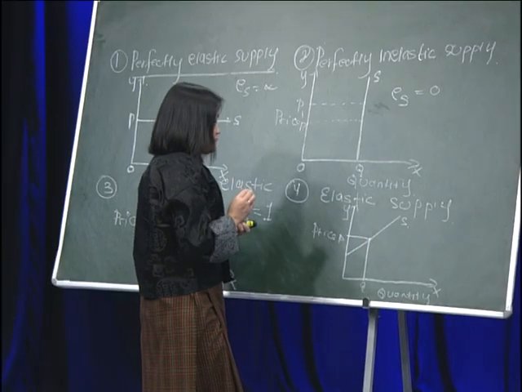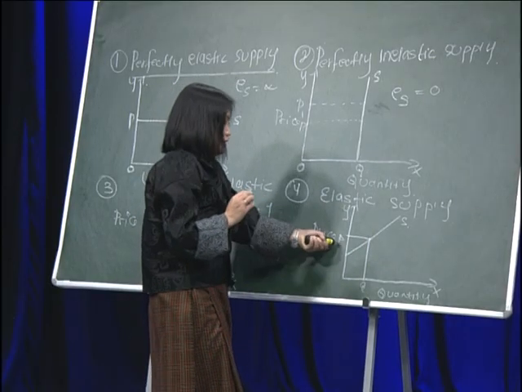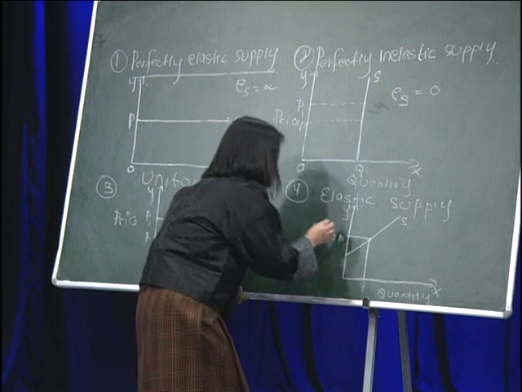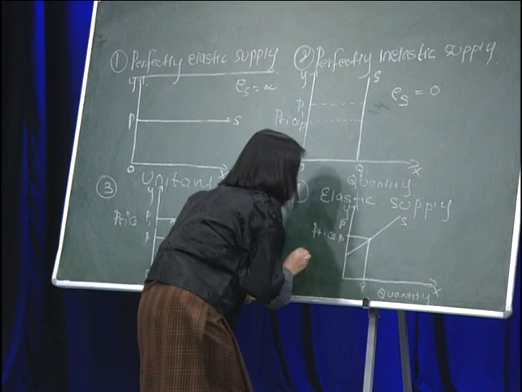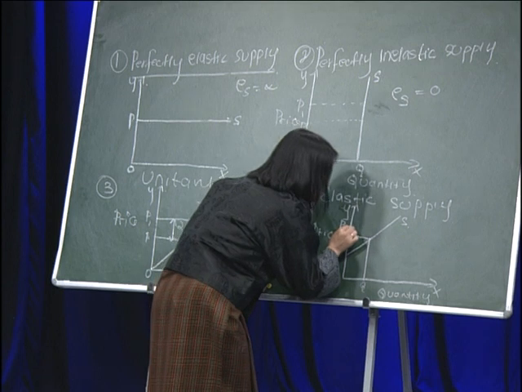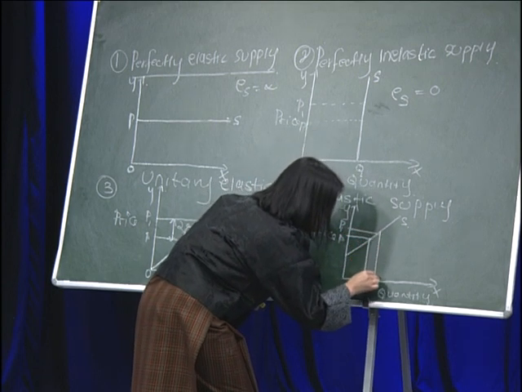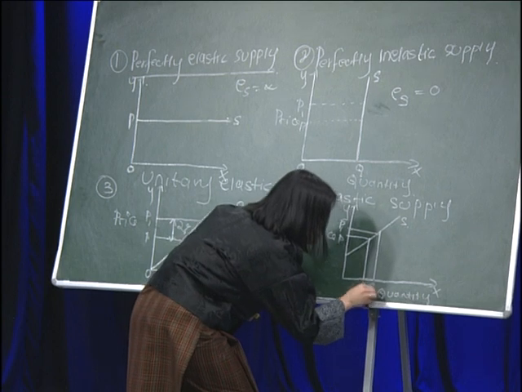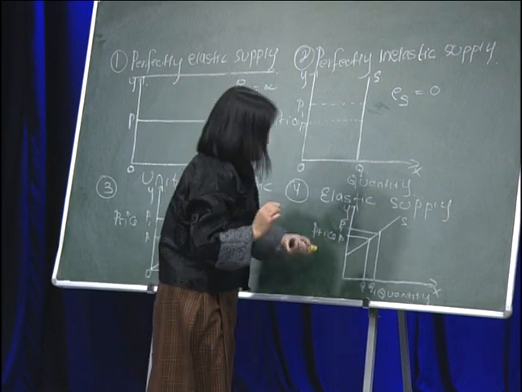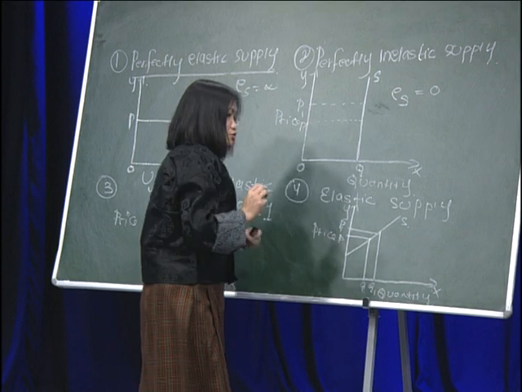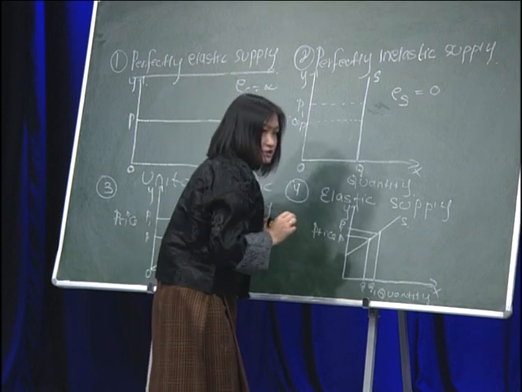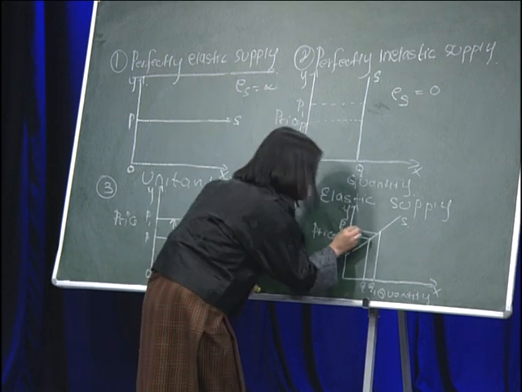So now let's assume that the price has changed from P to P1. Quantity changes from Q to Q1. So now can you look at the magnitude change in the price with that of change in the quantity supplied?